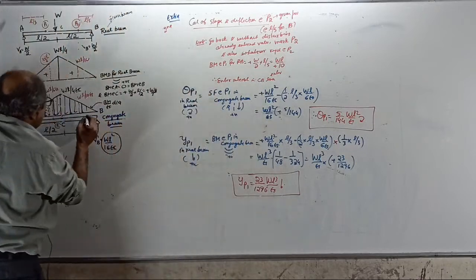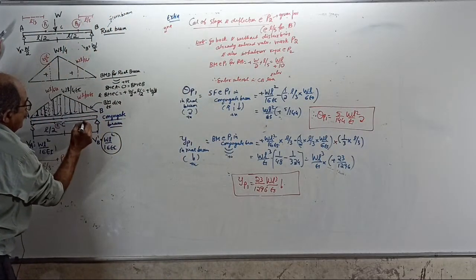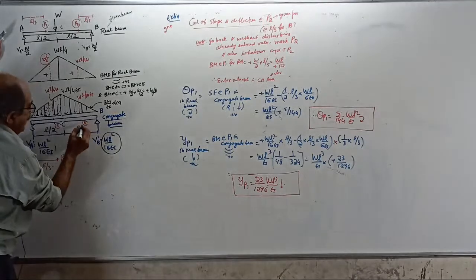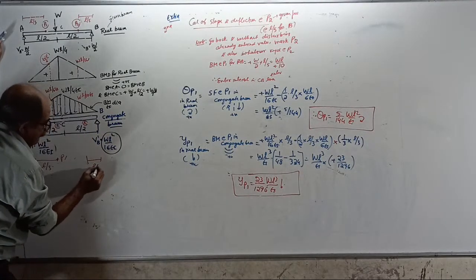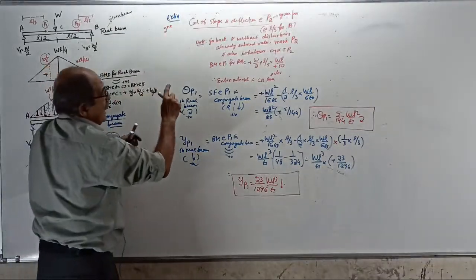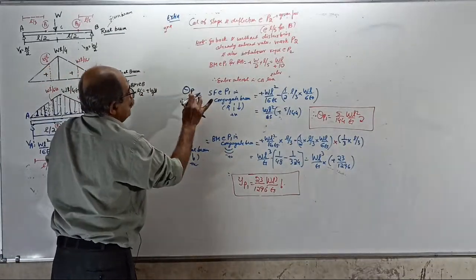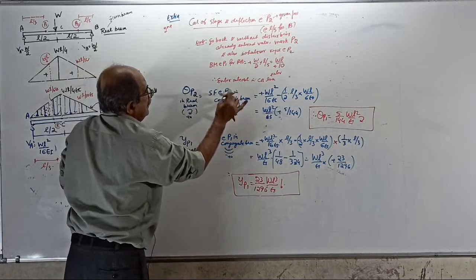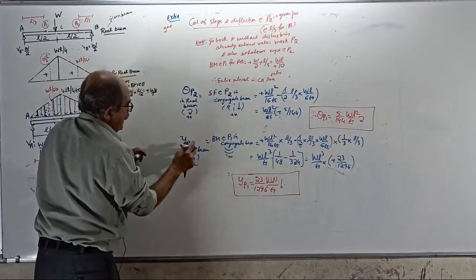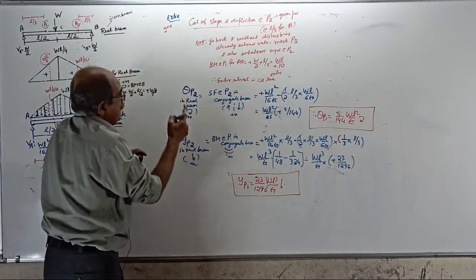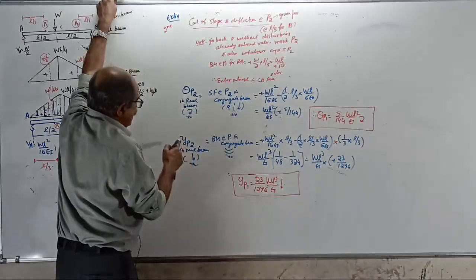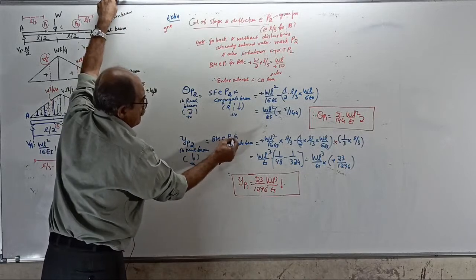Then without disturbing, draw a line here, P2. Come down, mark here, L by 5. Now, same as last time, theta P2 is shear force at P2, and deflection at P2 is BM at P2.